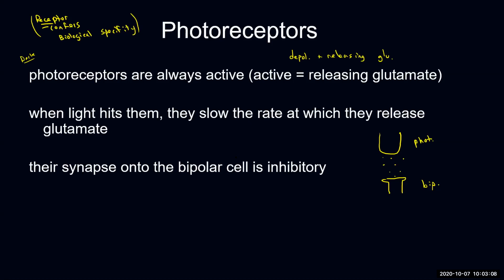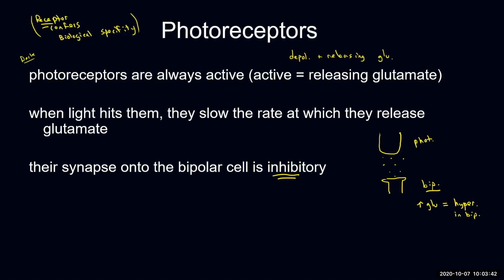Here on the bipolar cells, though, we have a different receptor for glutamate. And it turns out that this receptor is inhibitory. Okay, so when glutamate is being released in the dark, I'm going to get lots of inhibition of the bipolar cell. So increased glutamate equals hyperpolarization in the bipolar cell.